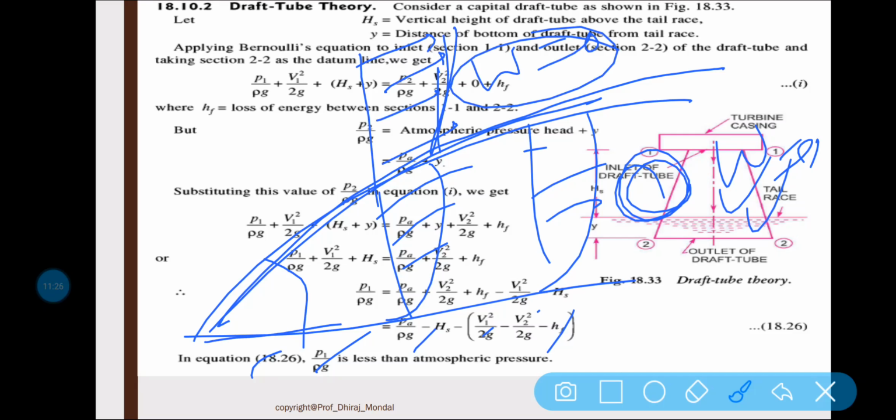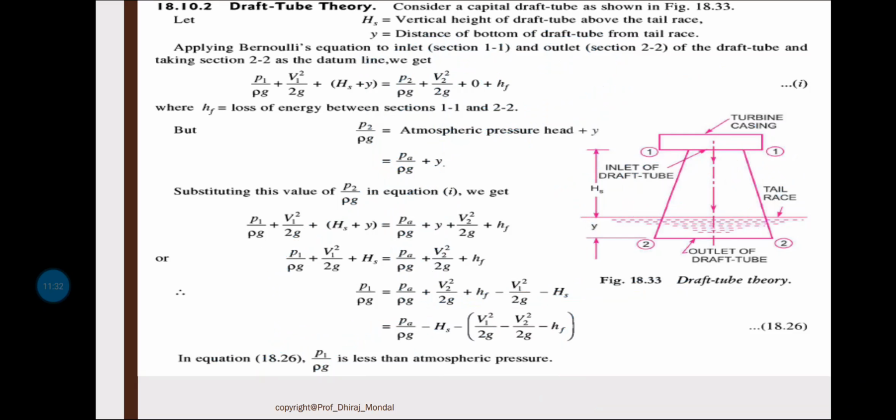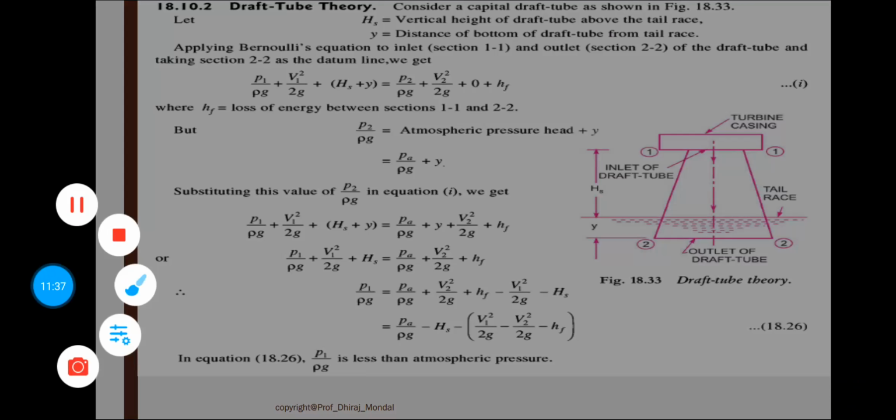This was discussed earlier in fluid mechanics, so I think it is clear and you remember what I want to say.